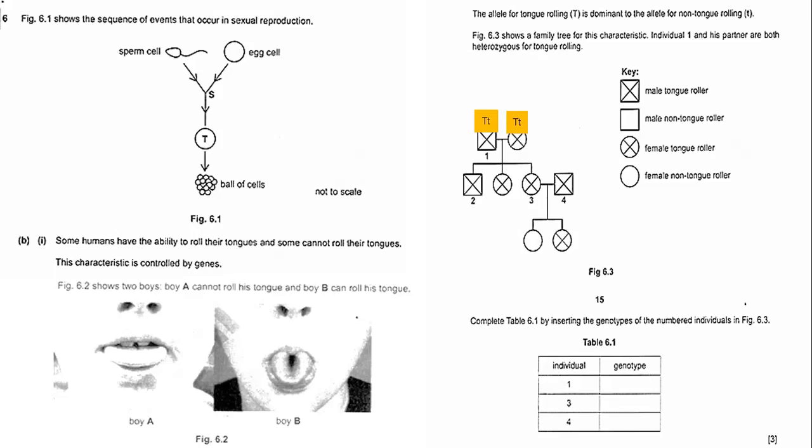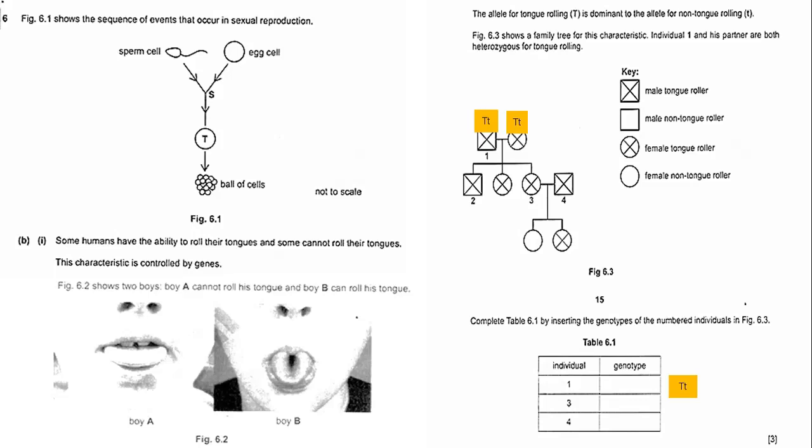Individual 1, we agreed, since he told us that he's heterozygous. What about individual 3? What do you think? Is she heterozygous or not? Why can't I say that she is homozygous dominant?